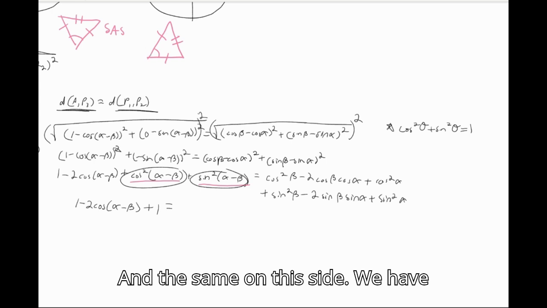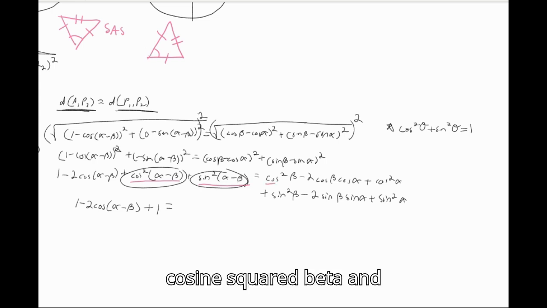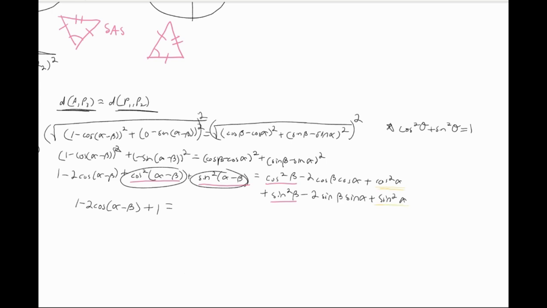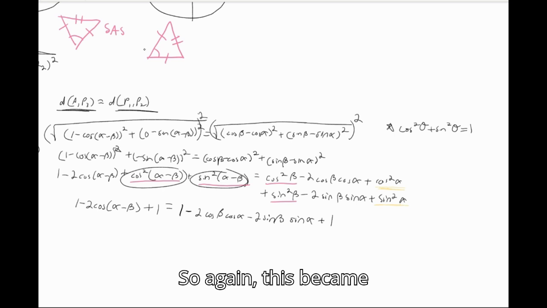And same on this side. We have cosine squared beta and sine squared beta, and also cosine squared alpha and sine squared alpha. So 1 minus. So again, this became this, these two became this, and this one became this one.